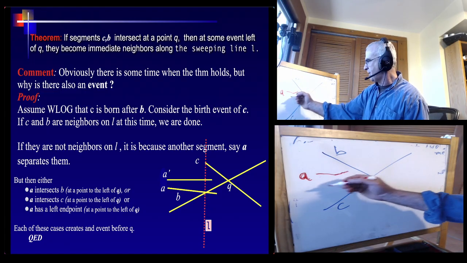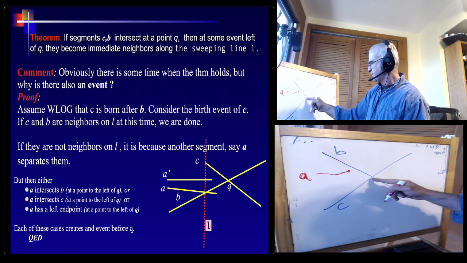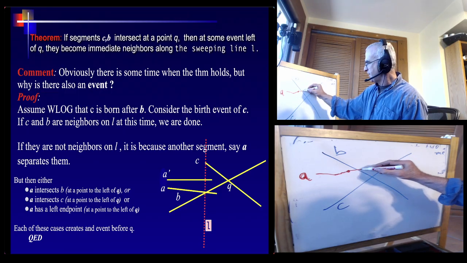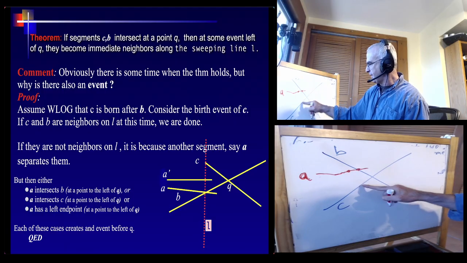It cannot turn around. That's the monotonicity. So either it vanishes to make them all meet, or the other option is that it must intersect either B or C.